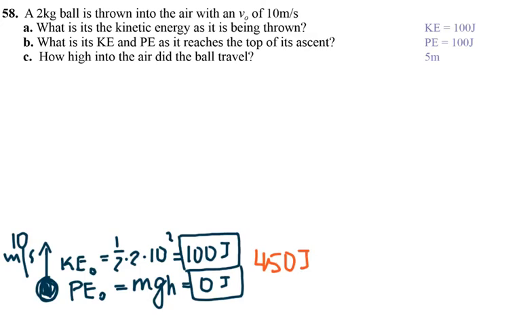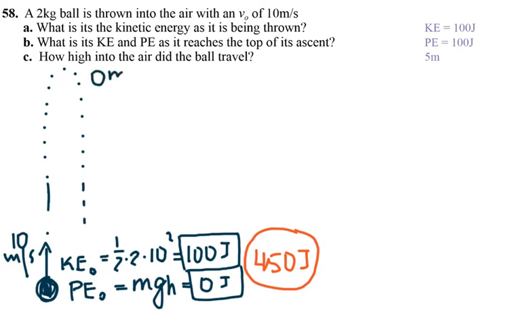450 joules. So it doesn't matter where you look around in the motion of the object, it's always going to be 450 joules. As the object reaches the top, its final velocity at the top is going to be 0 meters per second.